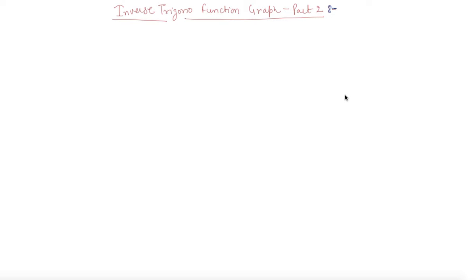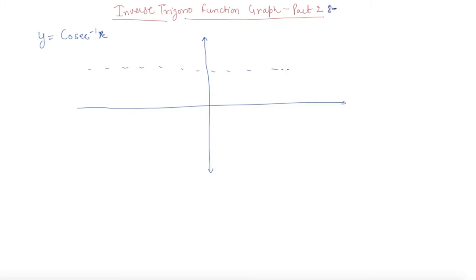So let me start with y is equals to cosecant inverse x. Okay, so students, here I am drawing the graph of y is equals to cosecant inverse x. So this point is minus pi, this is pi, and above here somewhat is 2 pi.